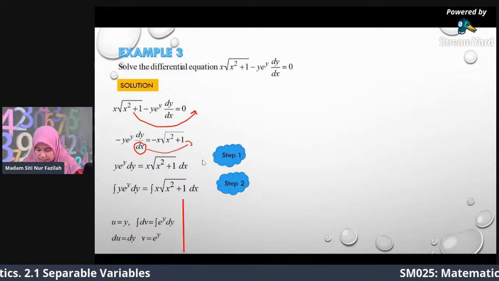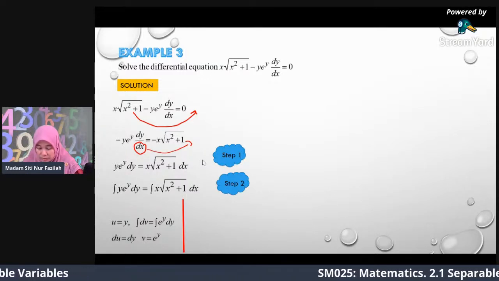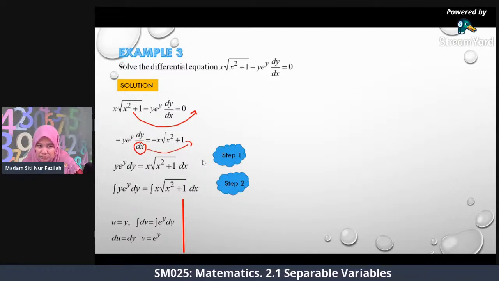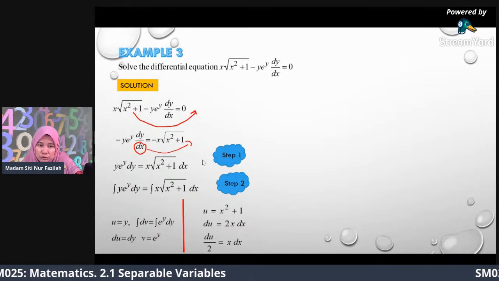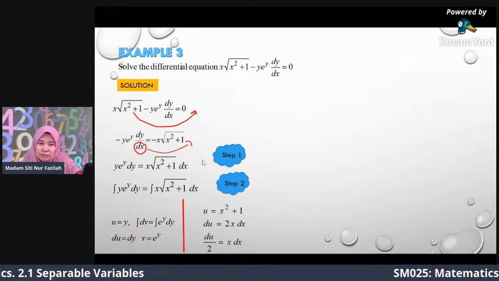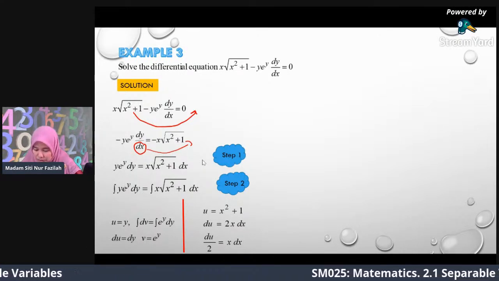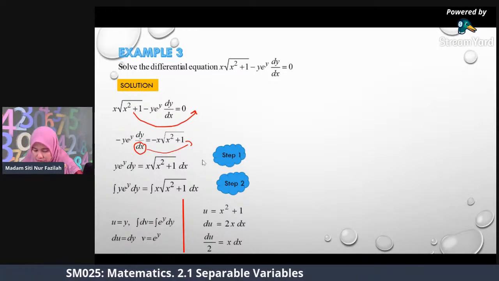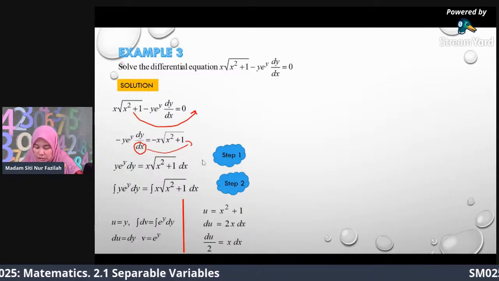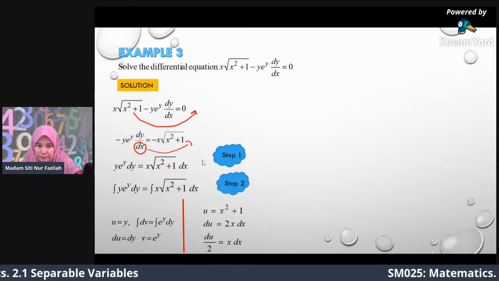And then we know that for the right side, we must use another method to solve it. This one we need to use substitution. For u substitution, let u equal x² + 1.